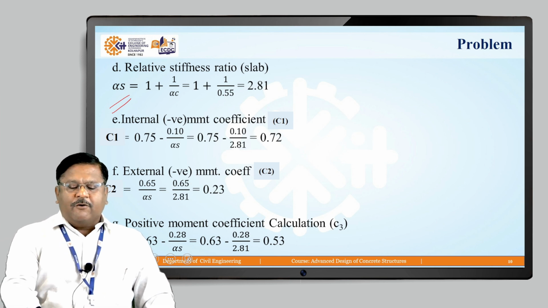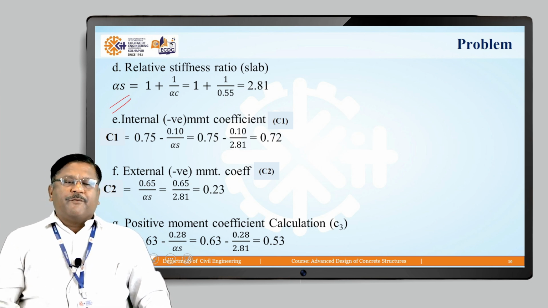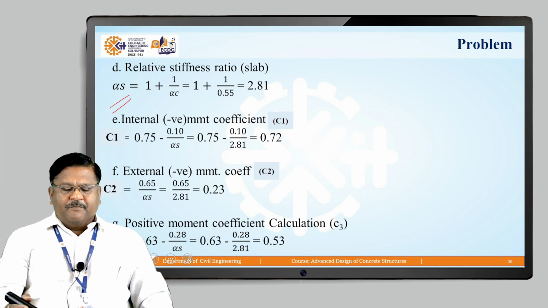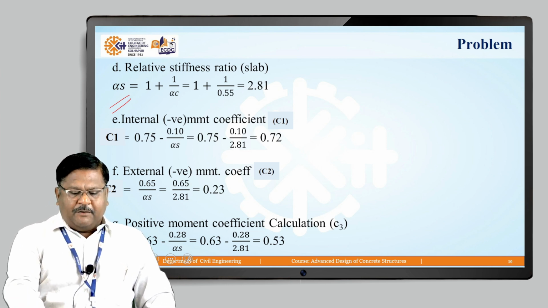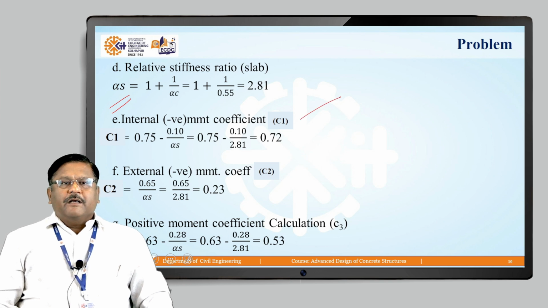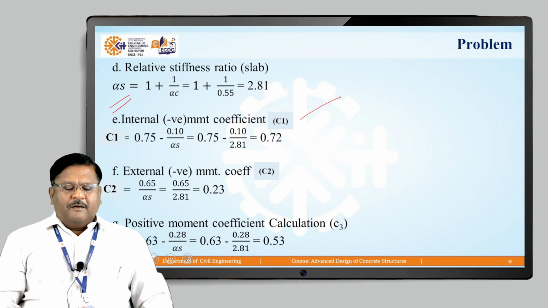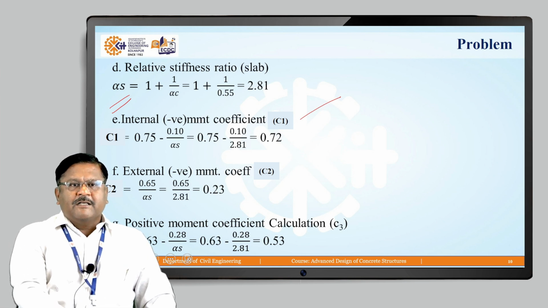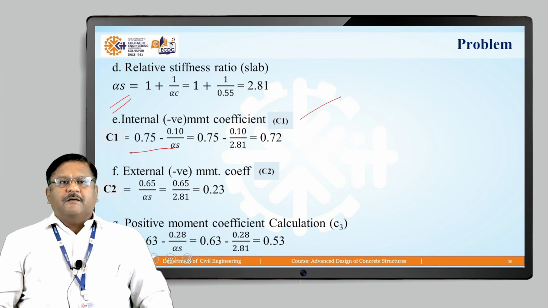Now we are going to calculate the coefficients which are required to distribute the moments into column strips and middle strips. First coefficient C1, internal negative moment coefficient, and the formula is 0.75 minus 0.1 upon alpha s. What is alpha s? Alpha s is relative stiffness ratio of slab.